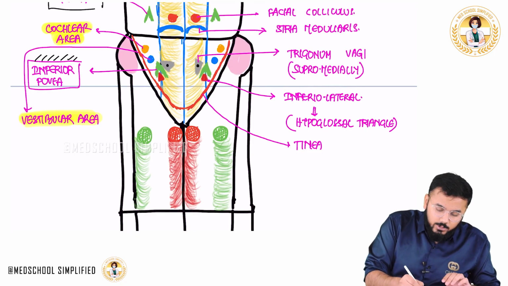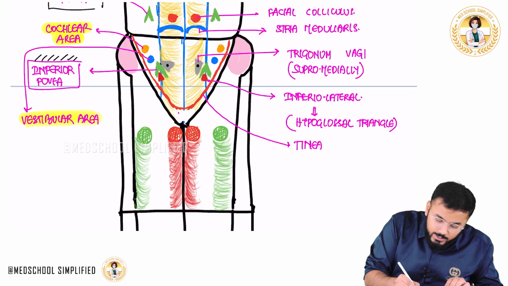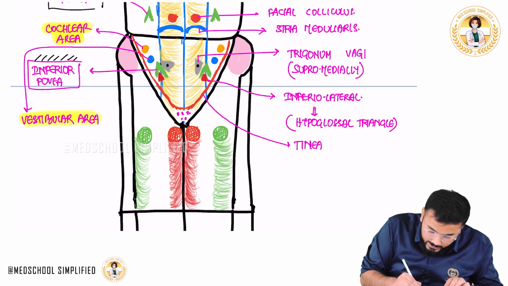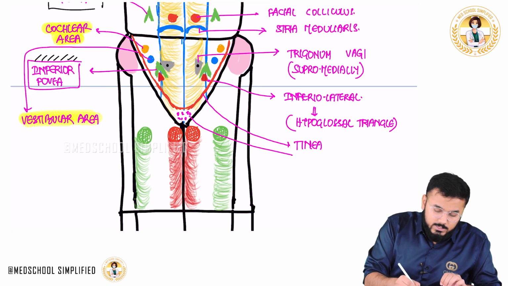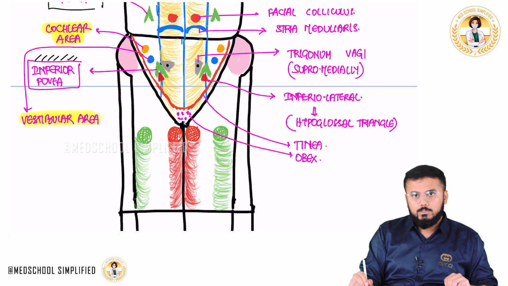Now just beneath your taenia, this triangular area where I am putting dots like this, this area is called the obex.